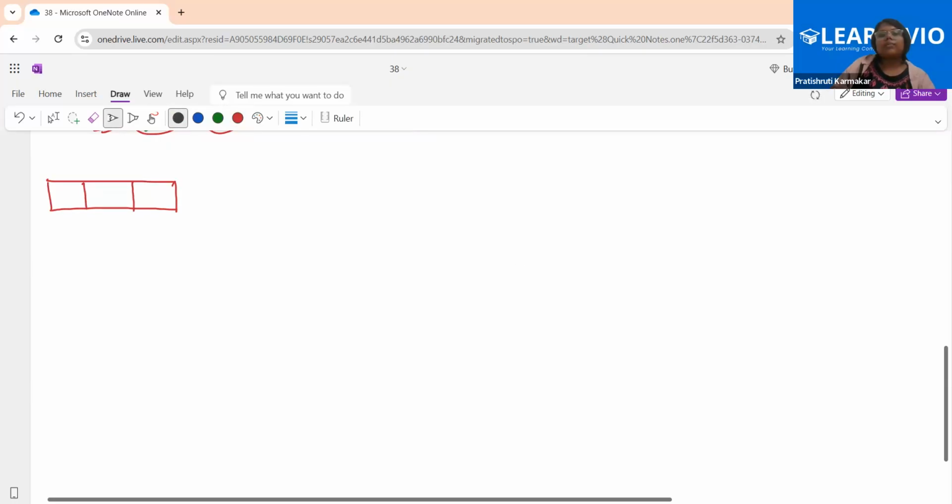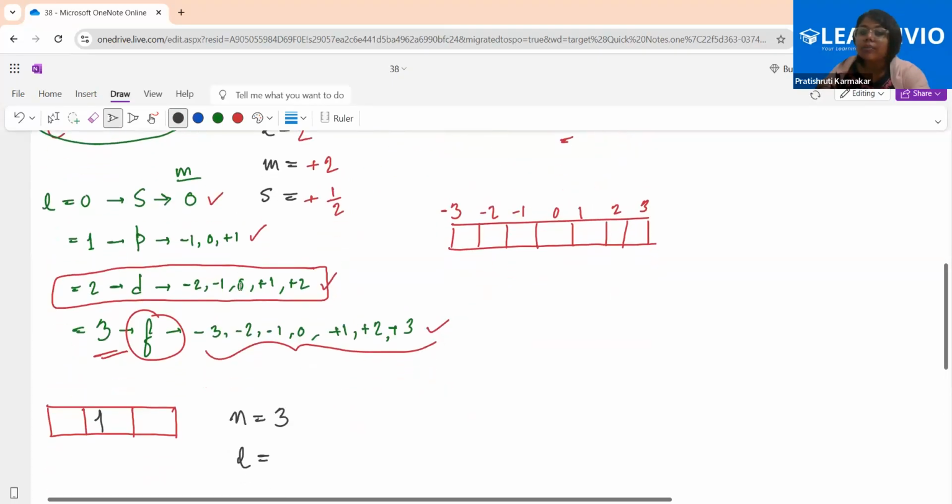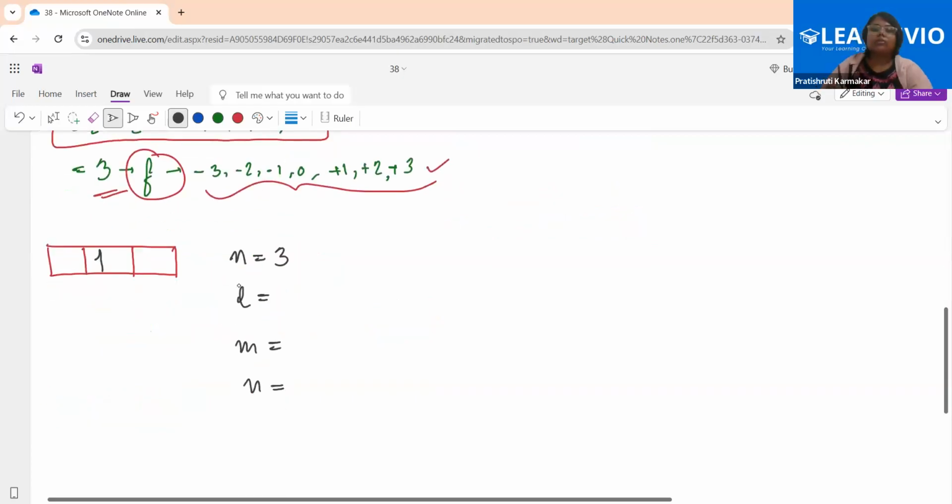In this case, I am telling you the value for n is 3. Then you tell me what will be the value for L, what will be the value for m, and what will be the value for s. Okay? If you need reference, we have the previous ones.